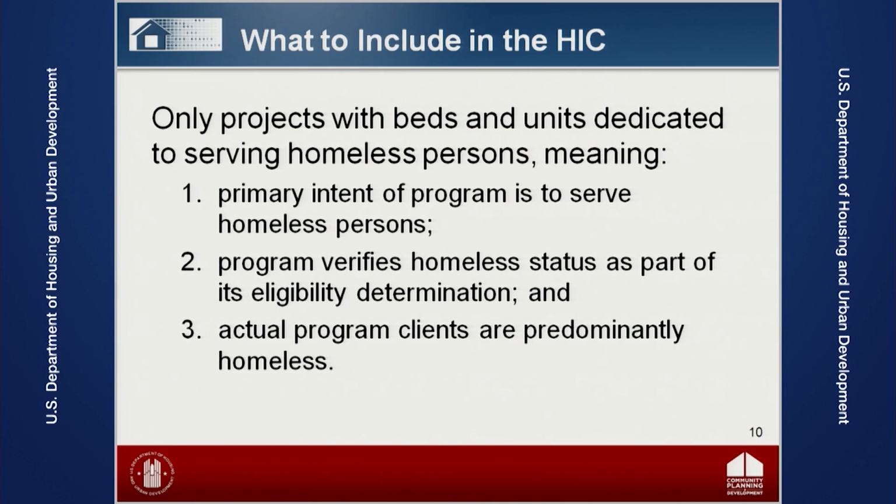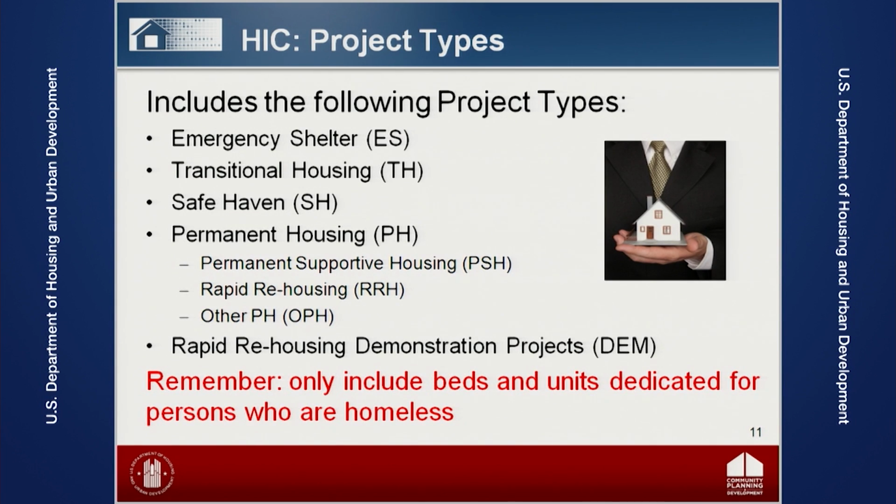When putting together your HIC, it's important to keep in mind the specific project types that are recorded in the HIC. These include emergency shelter, which consists of emergency shelter beds and units that are designated to serve people who are homeless and are recognized as part of the formal homeless system.